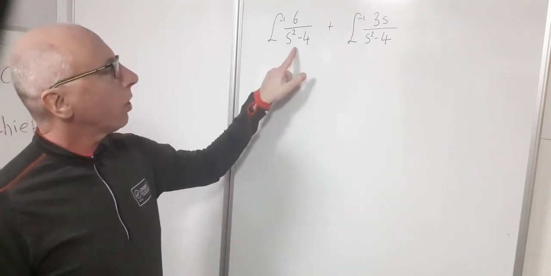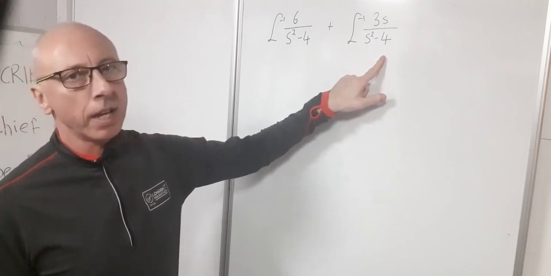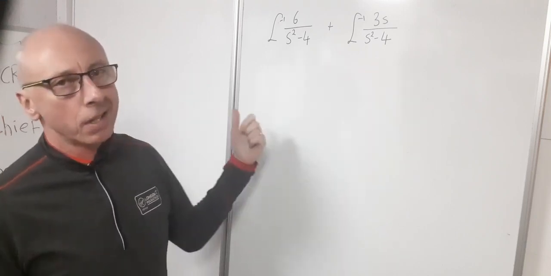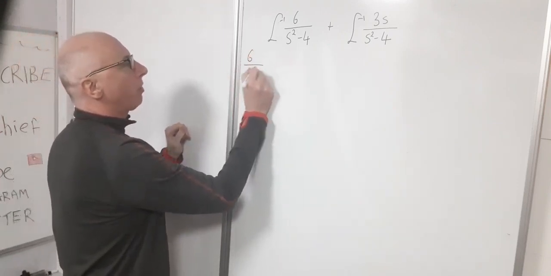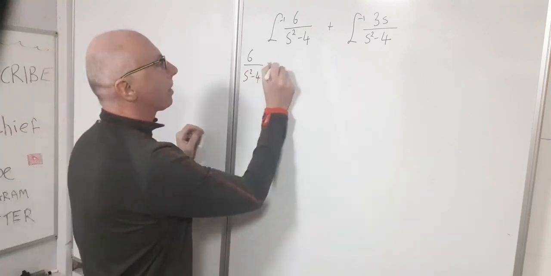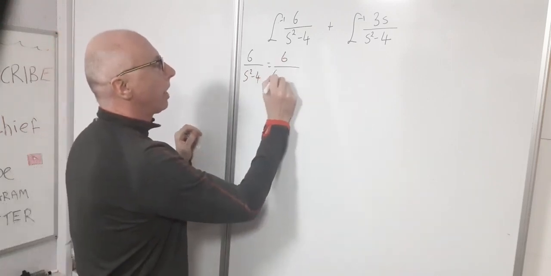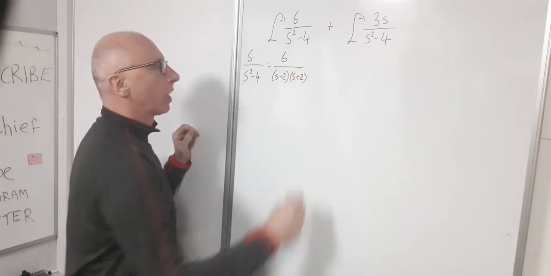Well, first of all, s squared minus 4, I know I can factor that into (s minus 2)(s plus 2). So let's do that. This first one, 6 over s squared minus 4, I can rewrite as 6 over (s minus 2)(s plus 2).